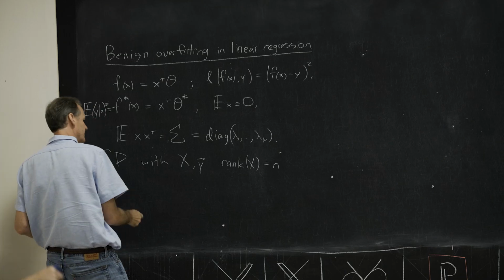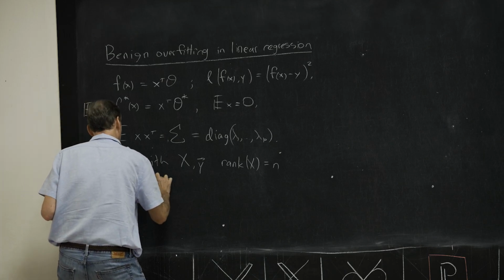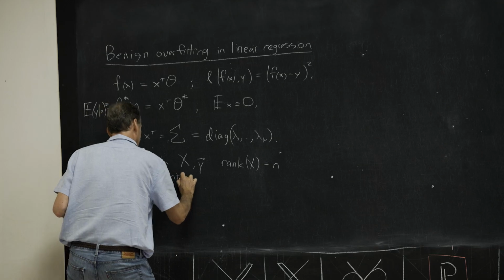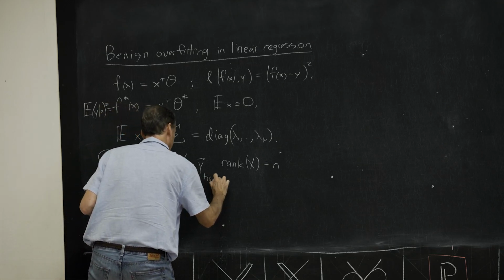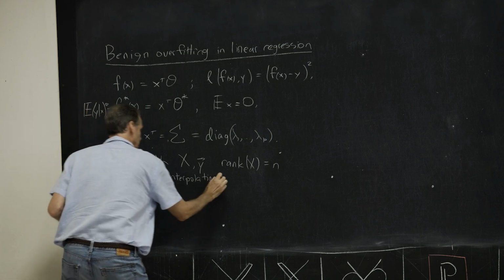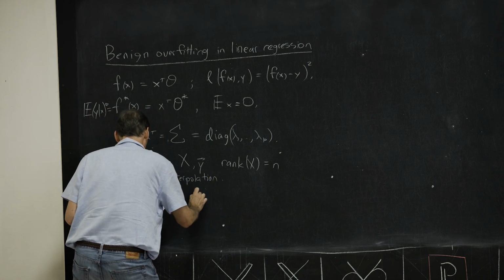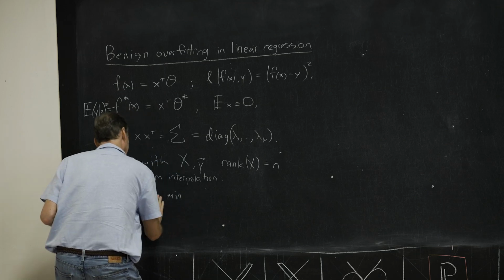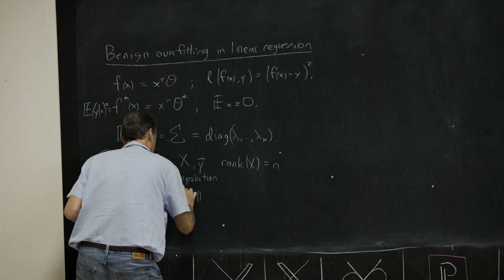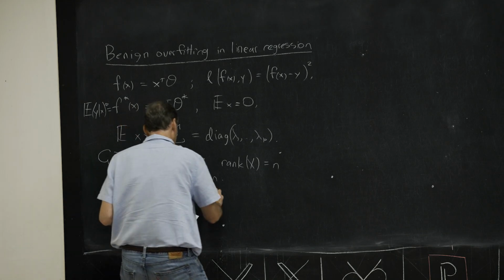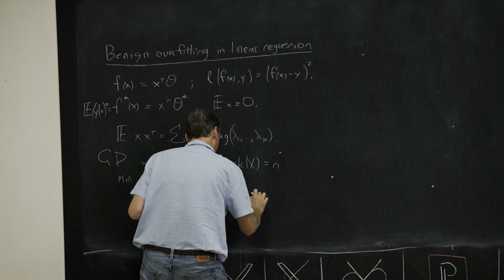So gradient descent converges to the minimum norm interpolating solution, which is the argmin over theta such that we satisfy the normal equations.